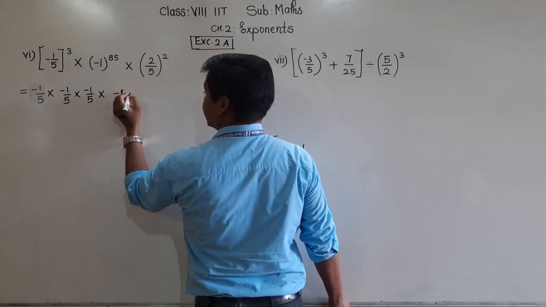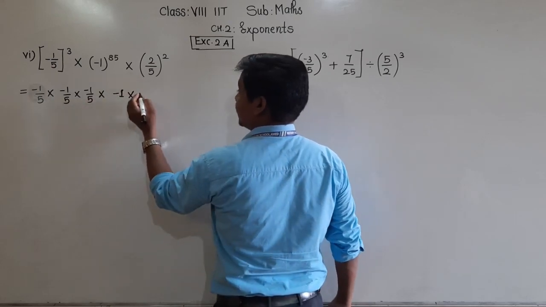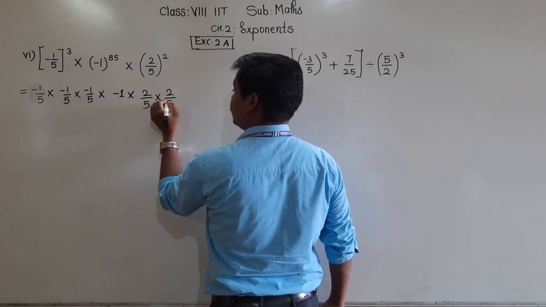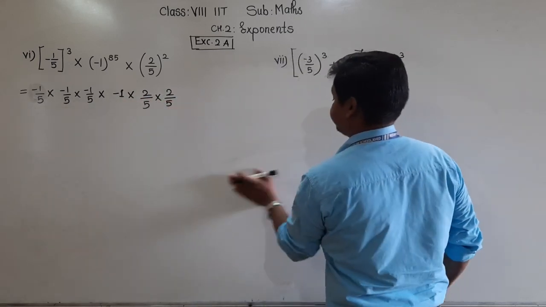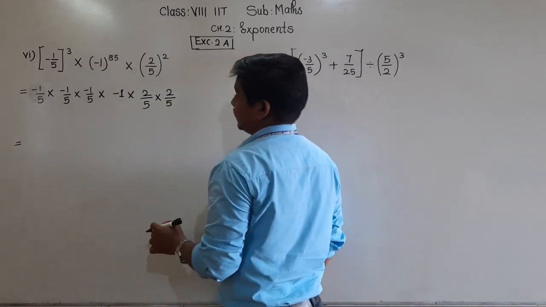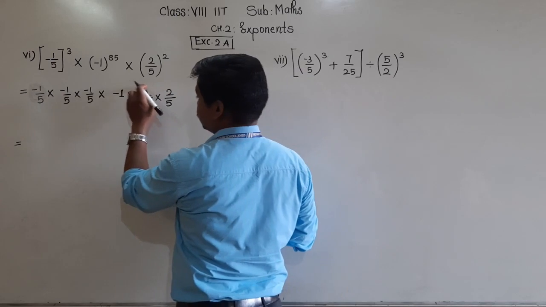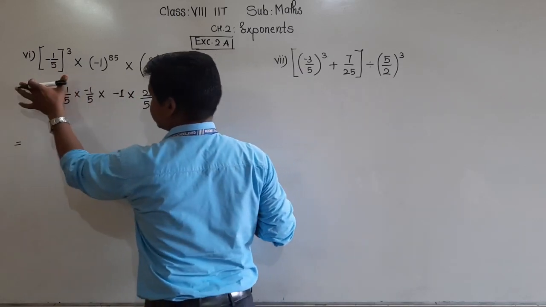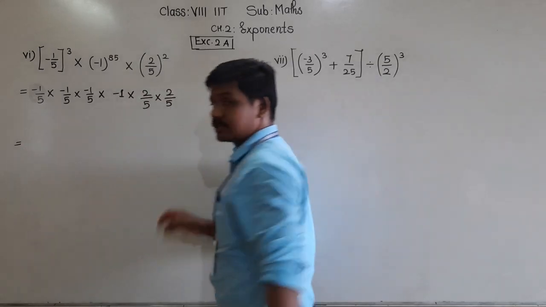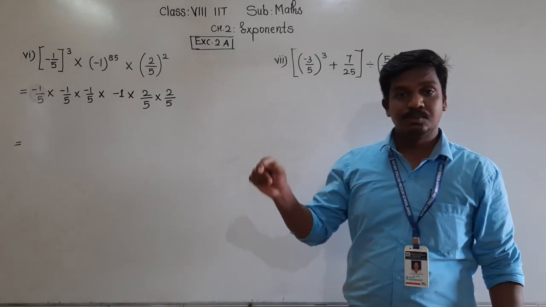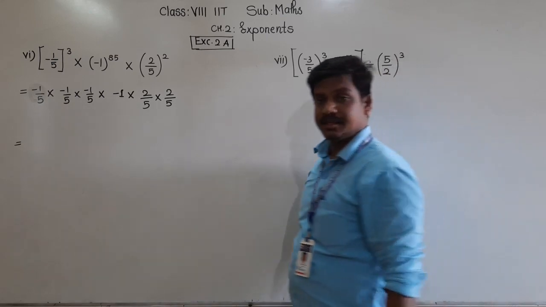Into 2 upon 5 raised to 2, that's why 2 upon 5 into 2 upon 5. So here in the numerator there is 2 into 2 into minus 1 into minus 1 into minus 1 into minus 1. Here 4 times minus 1, that is minus 1 raised to 4. That's why its value will be positive or negative 1?